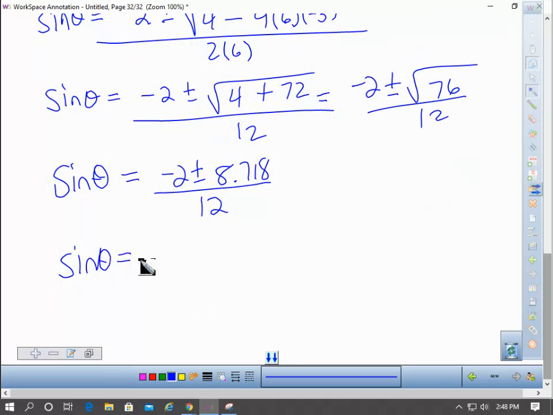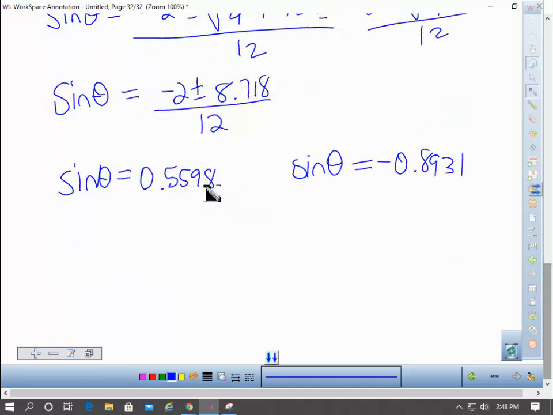All right, so then we got our two answers. So sine theta equals two different things. First of all, it equals negative 2 plus 8.718 divided by 12, which is 0.5598. And then the other answer is negative 2 minus 8.718 divided by 12, and that answer is negative 0.8931. So now we need to solve this in our calculator for theta. So theta is going to be the inverse sine of 0.5598.